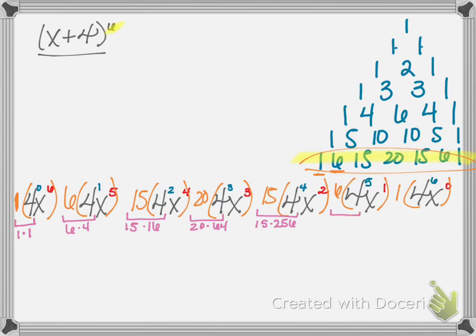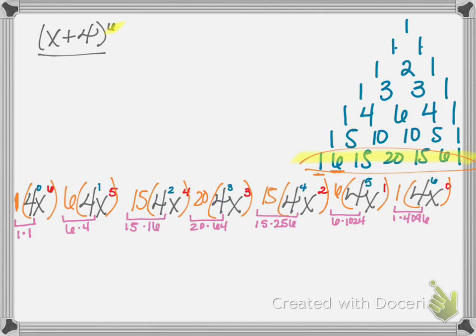This is going to be 6 times 4 to the 5th power, which is 1024. And then finally, it's just going to be 1 times 4 to the 6th power, which is just 4096. All right, so I've done that really fast just to make my life a little bit easier, and to show you that step that maybe you didn't quite see in class.